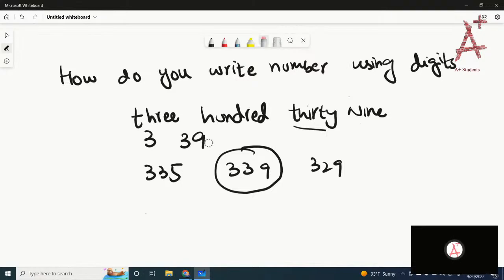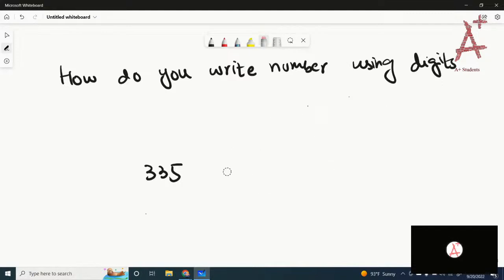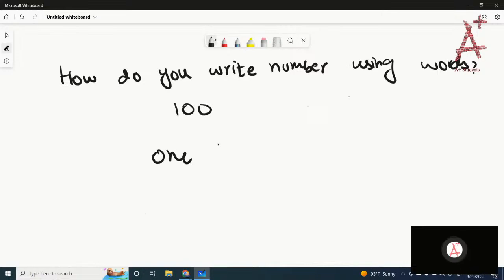How do you write the number using words? So you have to write the number using words. So how do you write? You have two options given below, 100 and 103.